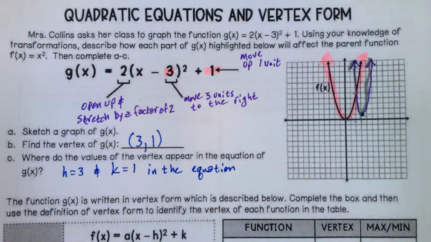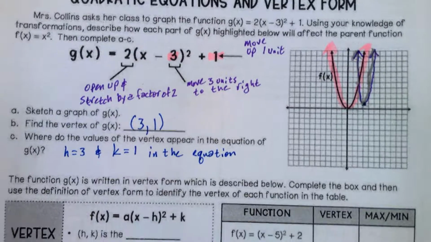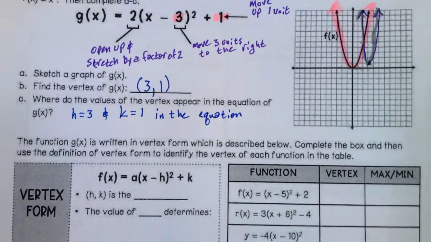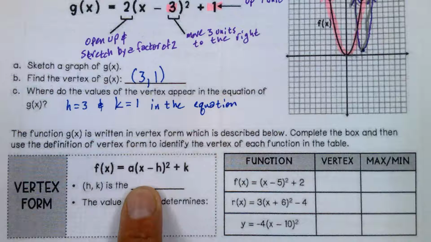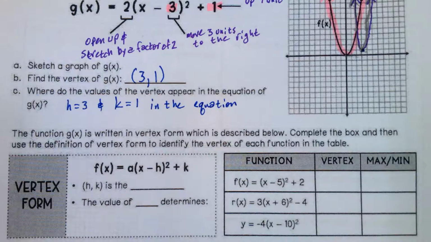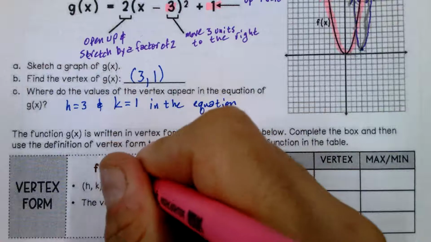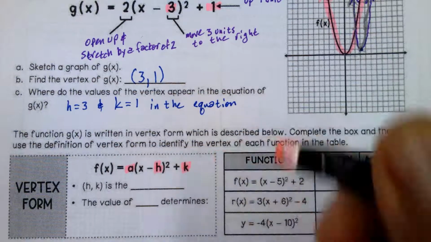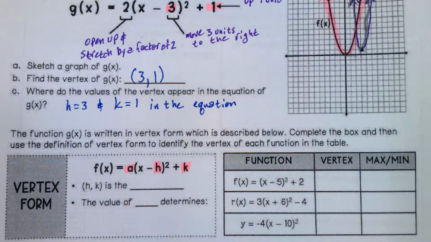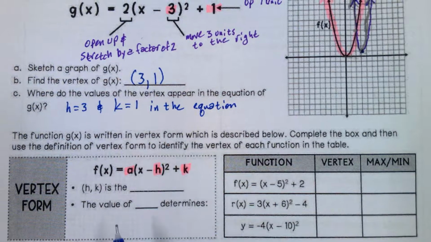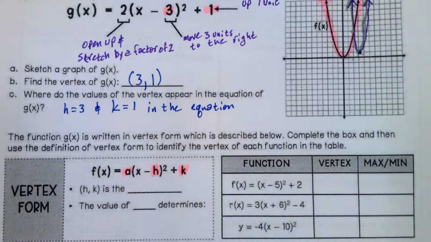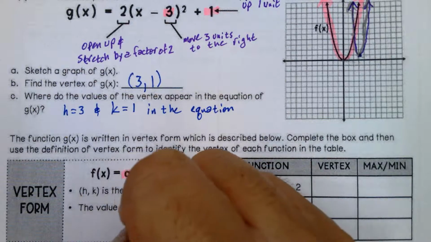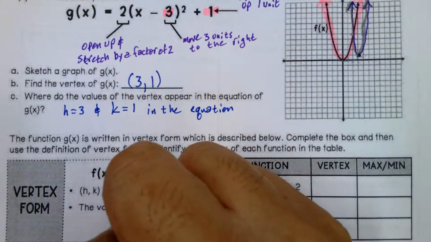So basically, what we have here is the vertex form of a quadratic equation. And there's 3 numbers that we always look at: the A value, H, and K. Okay. So whenever you write an equation in this format, you're given H and K, which are the vertex.